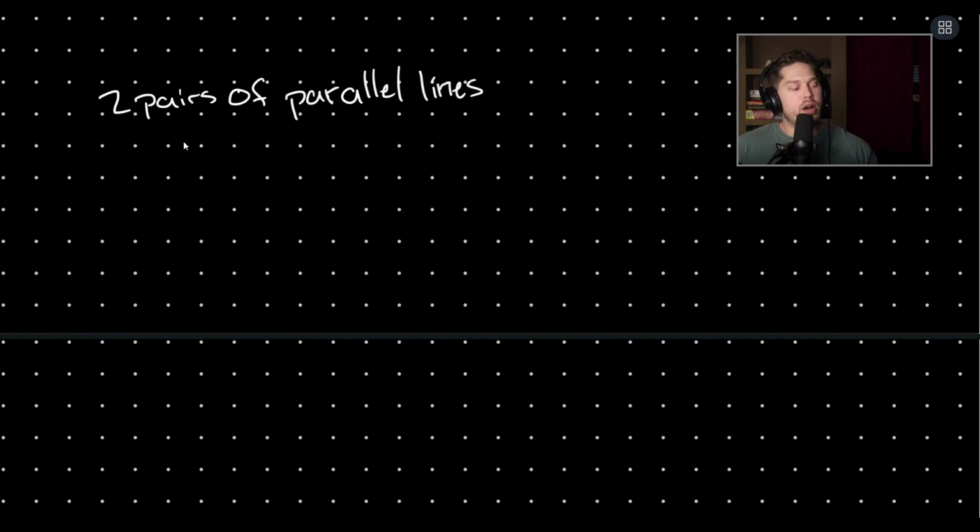The first type of category is the category where the quadrilateral has two pairs of parallel lines. This category is called, rightfully so, the parallelograms.